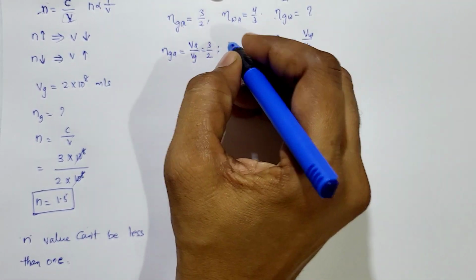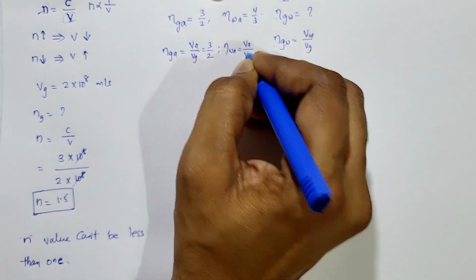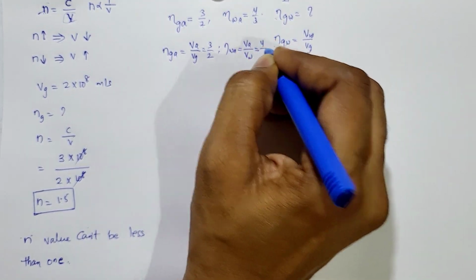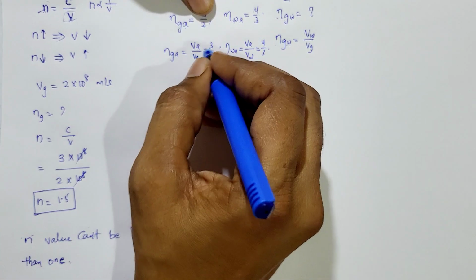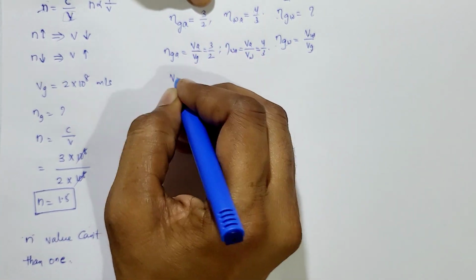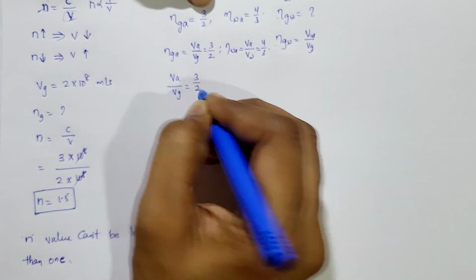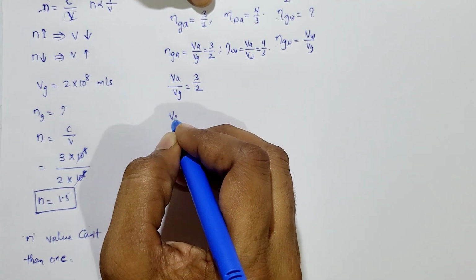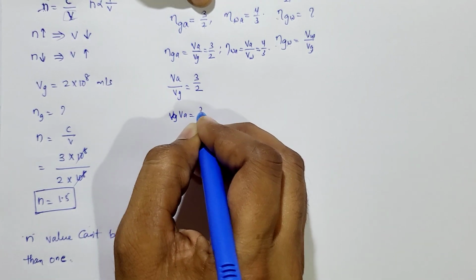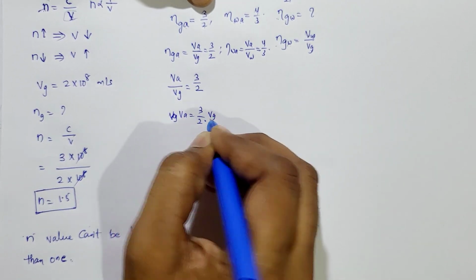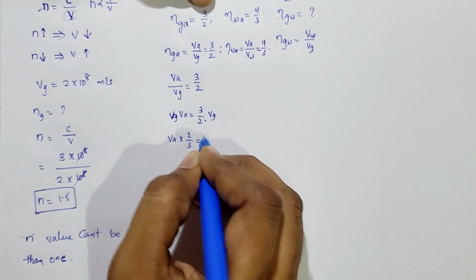Correct? And NWA is equal to Va divided by Vw, that is equal to 4 by 3. From Va divided by Vg equal to 3 by 2, I want Vg: Va is equal to 3 by 2 into Vg. So Va into 2 by 3 is equal to Vg.